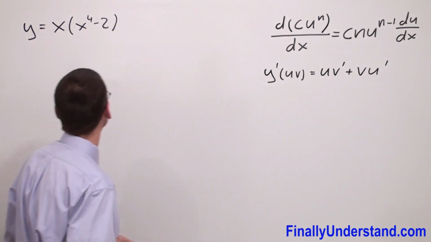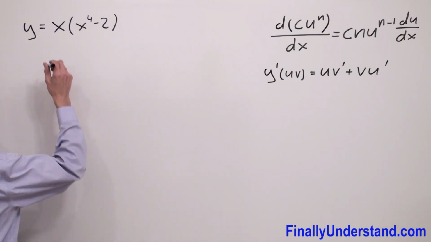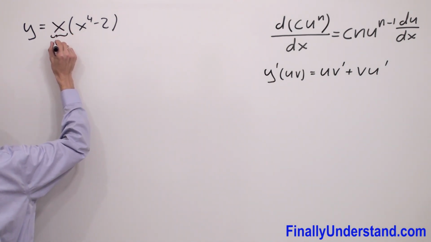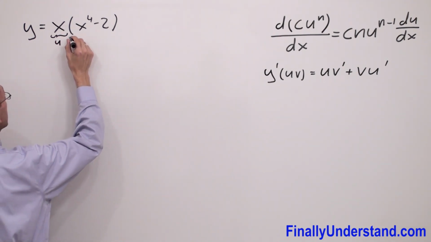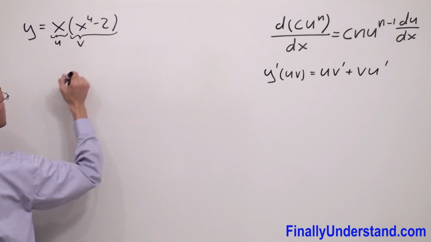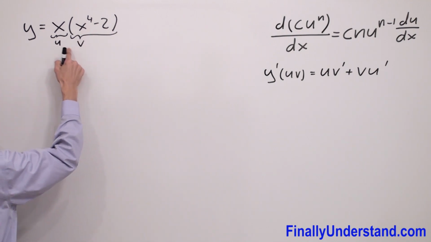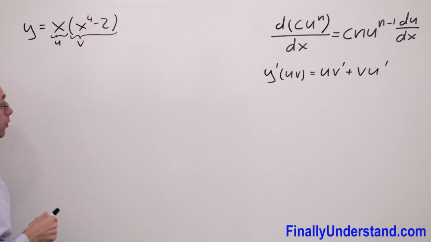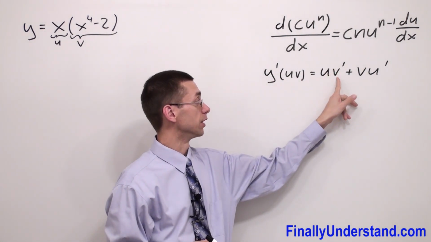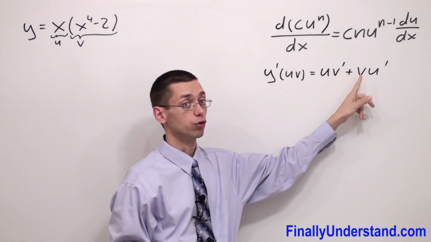Okay, so I'm going to call the first factor u, and the second factor is called v. So I have u times v. Now, the formula requires me to find the derivative of v and derivative of u.